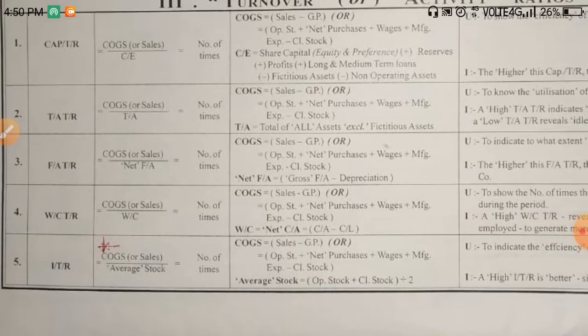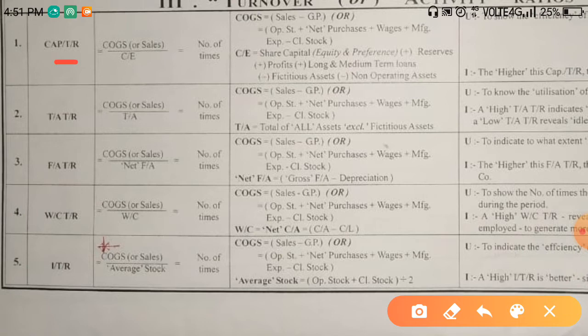Till now we have studied five turnover ratios. See, in the capital turnover ratio, the denominator is capital employed. In the total assets turnover ratio, total assets are in the denominator. In the fixed assets turnover ratio, net fixed assets are in the denominator. In the working capital turnover ratio, working capital is in the denominator. So how to remember the formula? The question itself tells you what your formula will be.